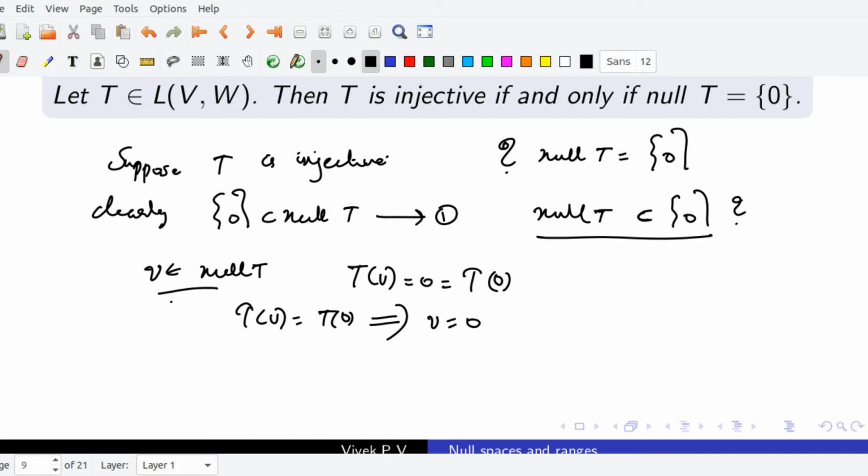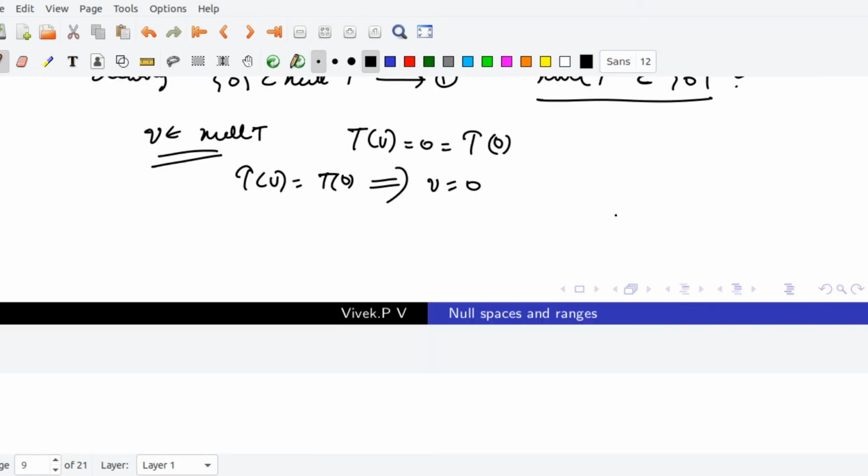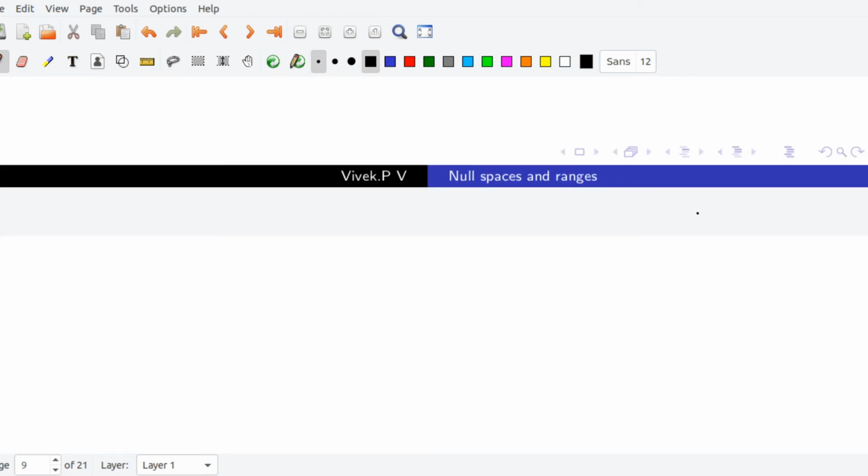So the arbitrary element taken from the null space of T becomes 0. Hence we can conclude that the null space of T is a subset of {0}. Equation number 2. By combining 1 and 2, we can say the null space of T equals {0}.